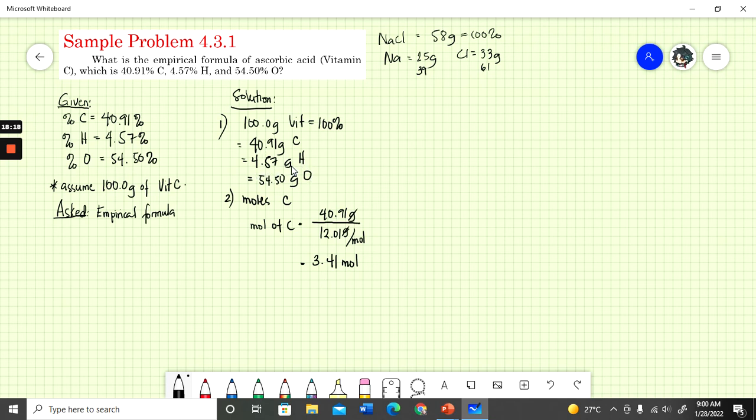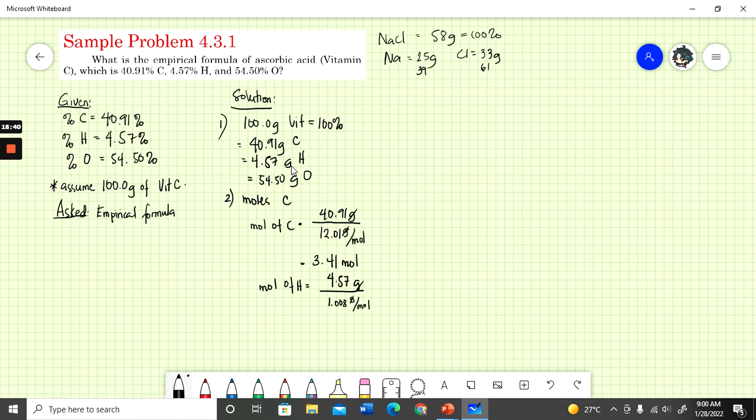So let's find the moles of hydrogen. We have 4.57 grams of hydrogen, and the molar mass of hydrogen is 1.008, I believe, grams per mole.